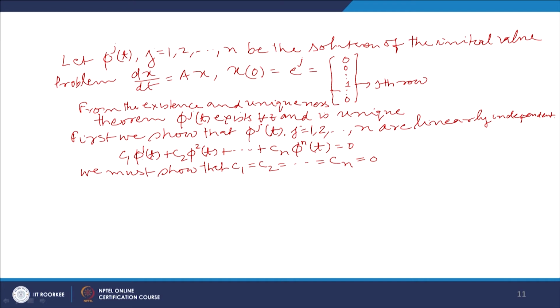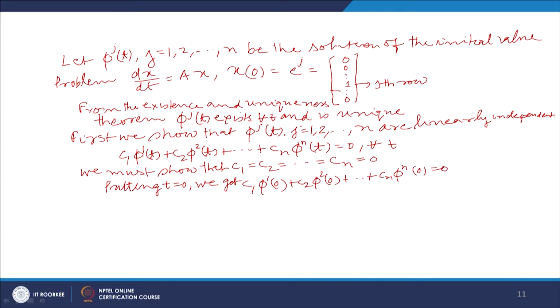Now, since this equation C1 phi 1 t plus C2 phi 2 t and so on Cn phi n t is equal to 0 is valid for all t, let us put t equal to 0 in this equation. So, putting t equal to 0, we get C1 phi 1 0 plus C2 phi 2 0 and so on Cn phi n 0.